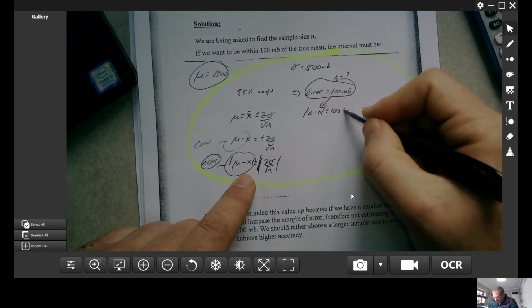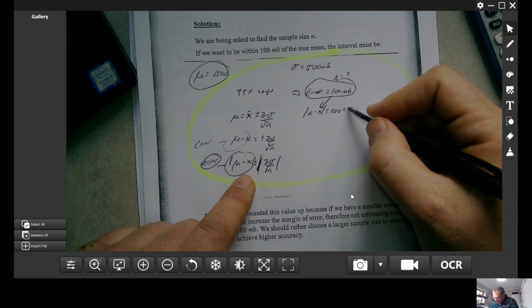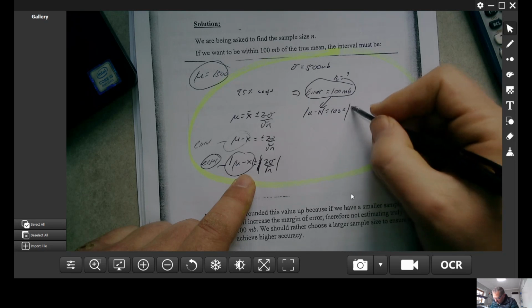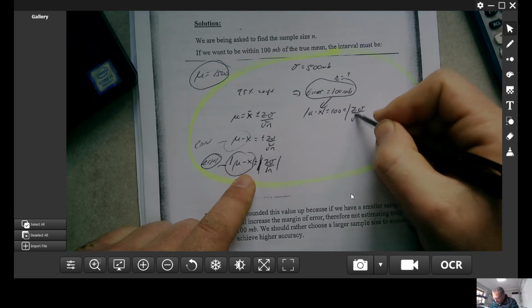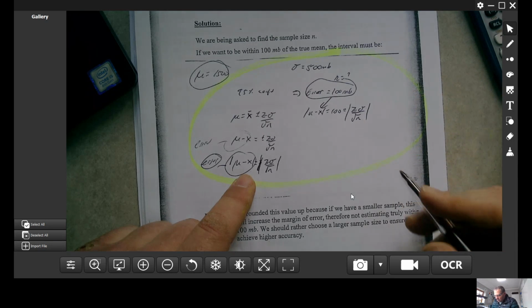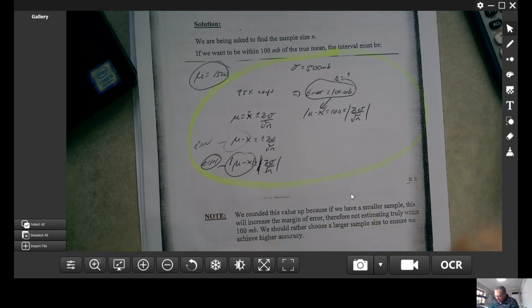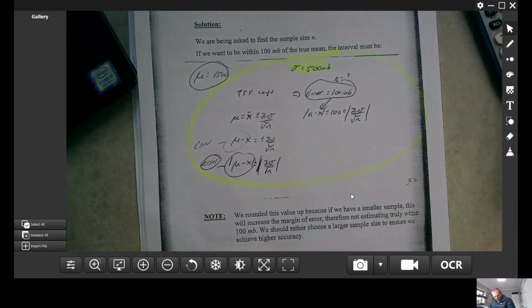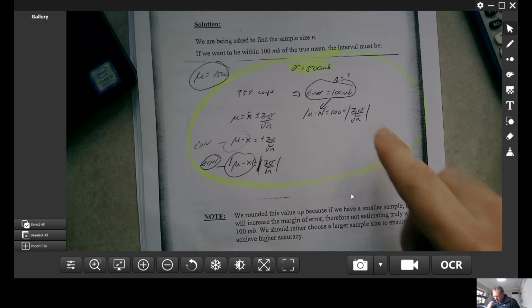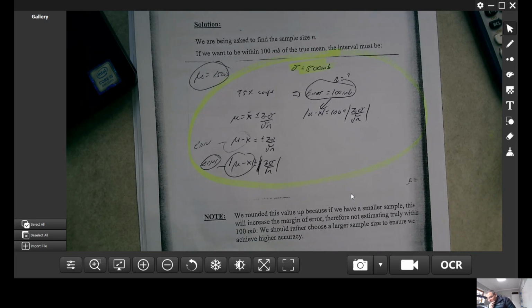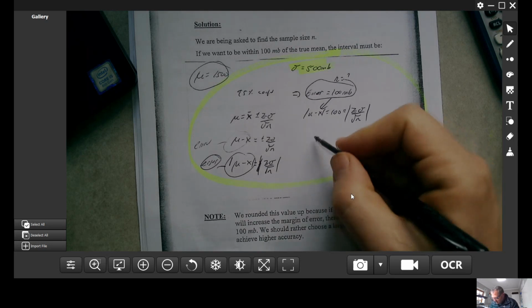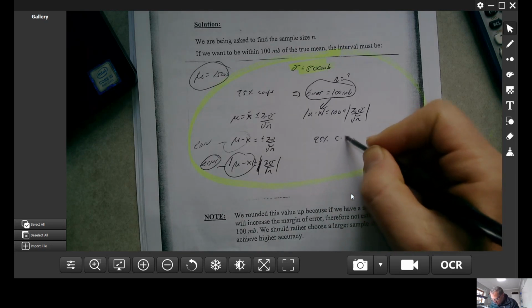We know that the error corresponds to z sigma over root n. We've got sigma, which is 500. The problem is we don't know what z is, but we were looking at a 95% confidence interval.